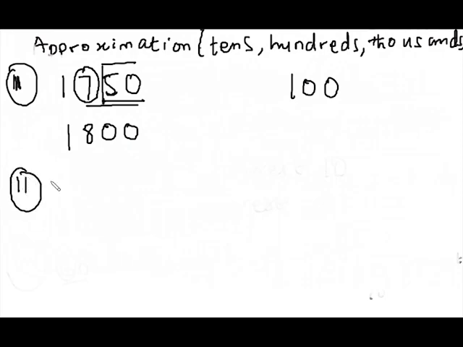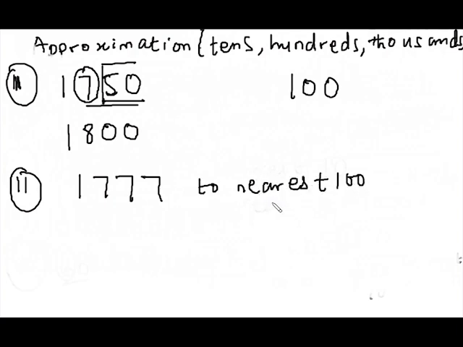Okay, let me quickly take another example. We have 1777, to the nearest 100. So we're looking at the first three numbers from the right. And then the first number from the left is 7 here.